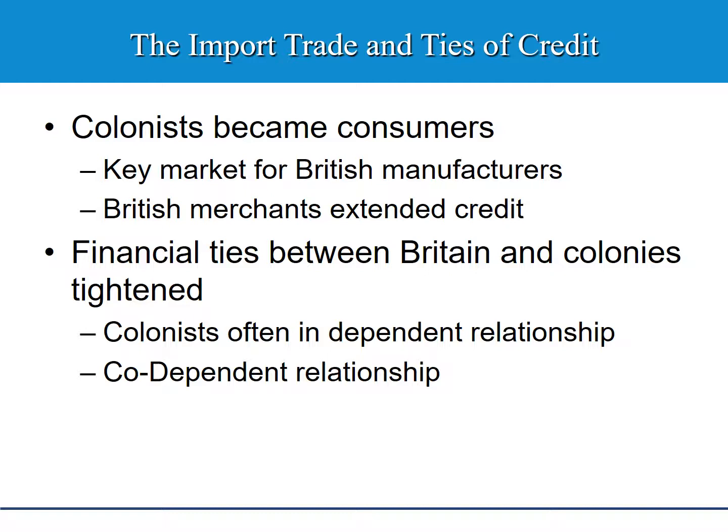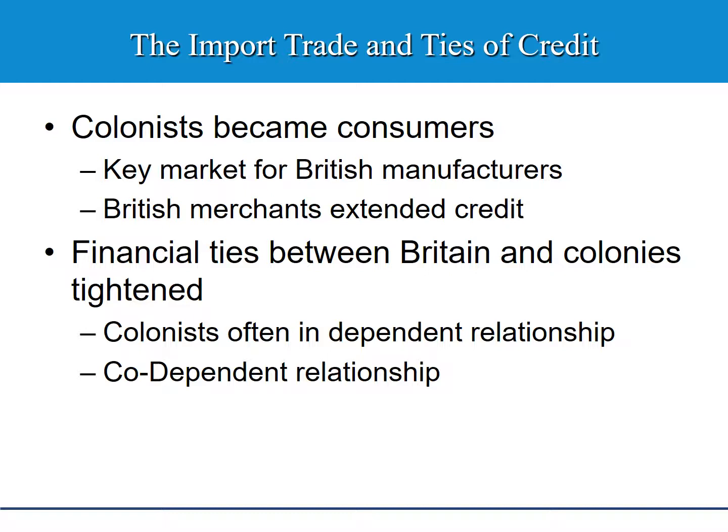But what we begin to see because of this system is that the ties between Great Britain and the colonies become tighter and tighter. They actually end up in a very codependent relationship.